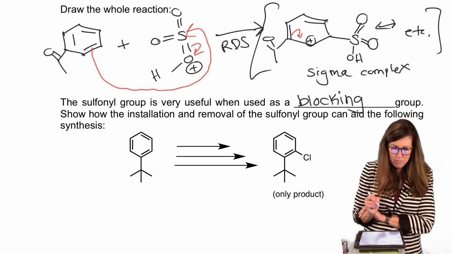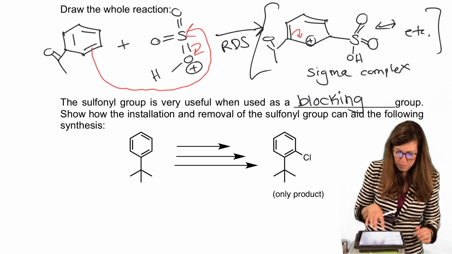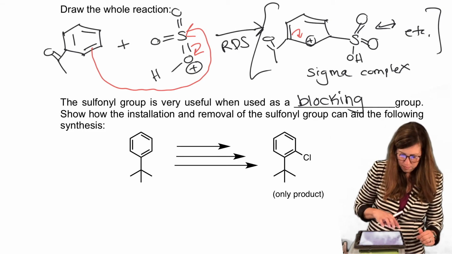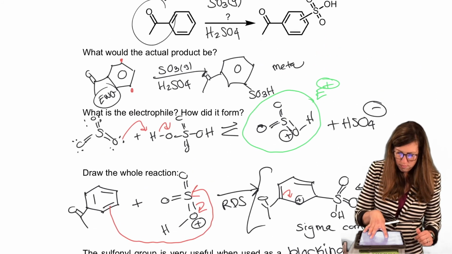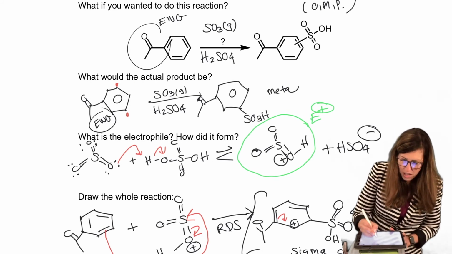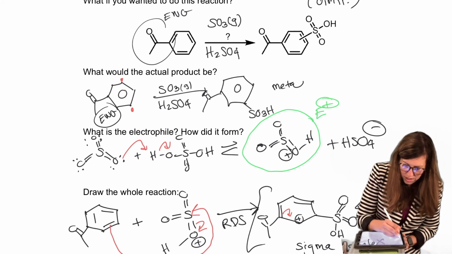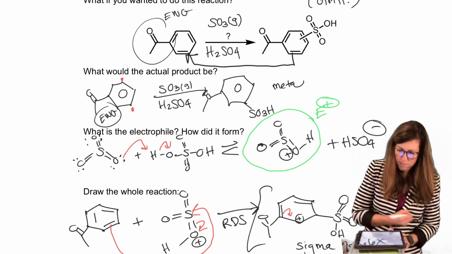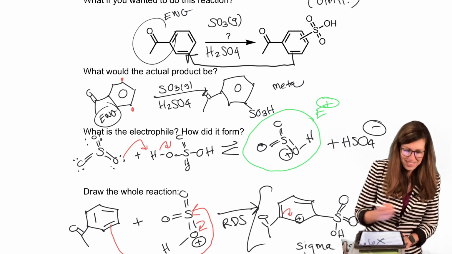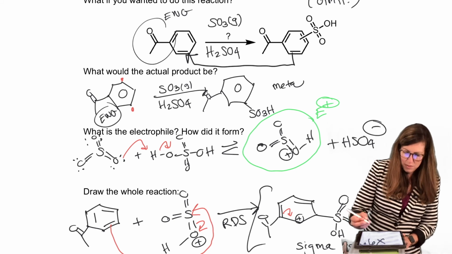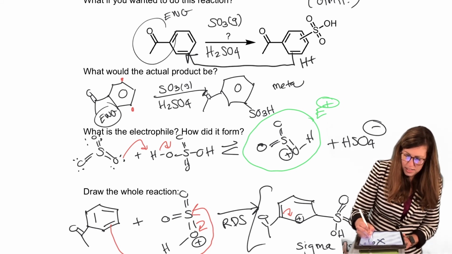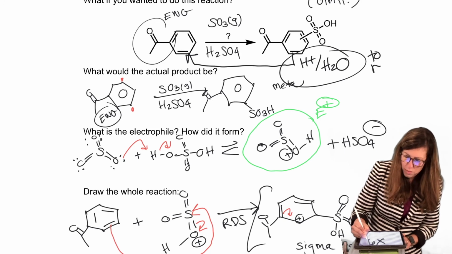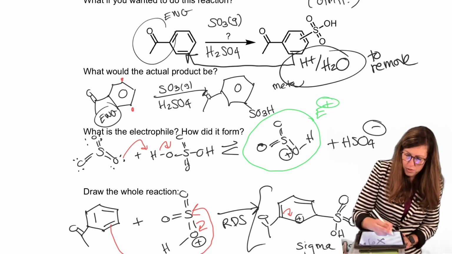So the whole reaction, go back to that, up at the top, deserves this addition. It comes off. How do we get it off? H plus and water to remove. So it's reversible.